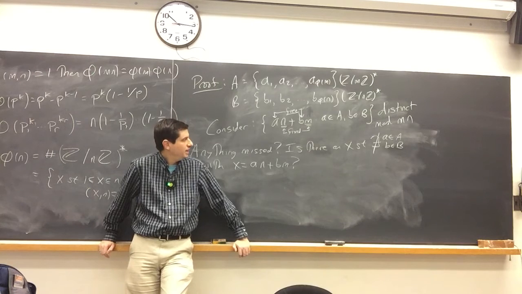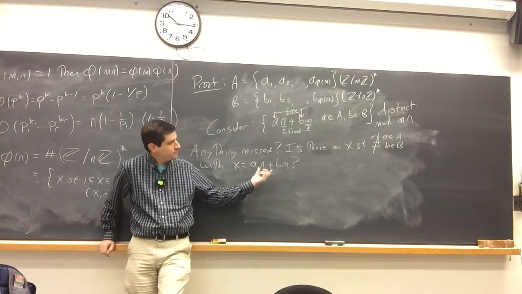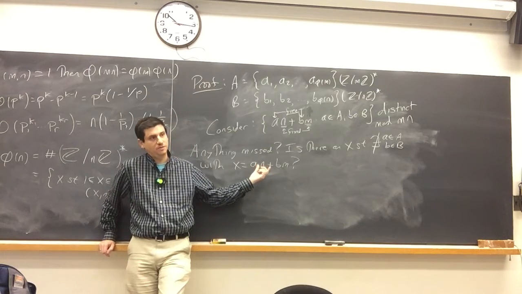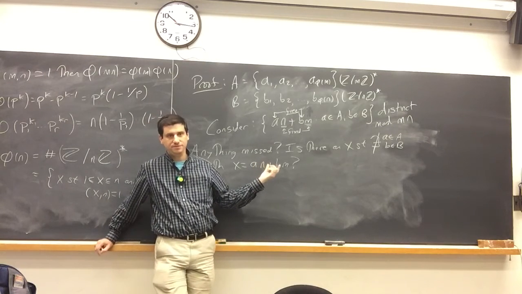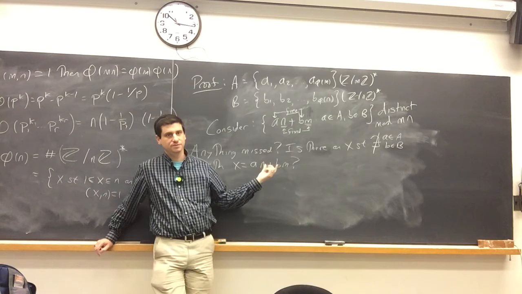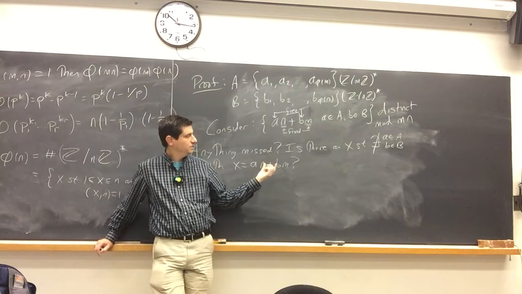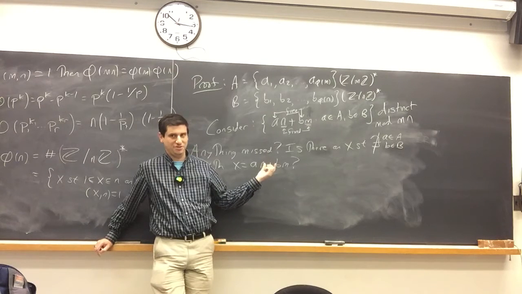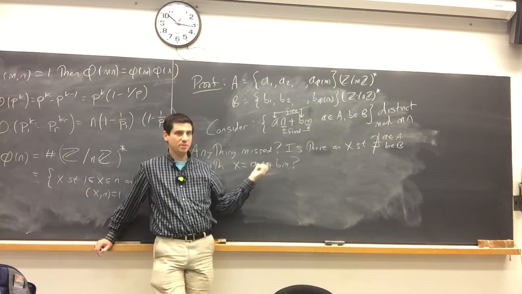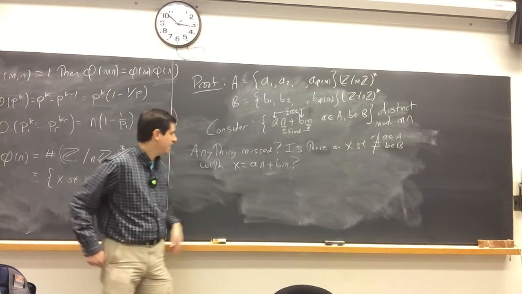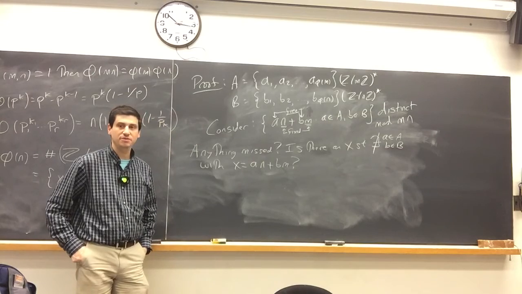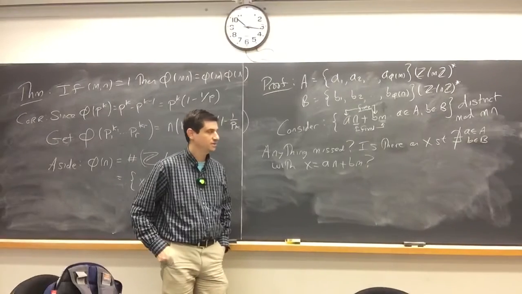Well, I'm saying, do you think that there are any x that are not of this form? And if so, what's true about such x? So there's mn numbers. Do we expect all the mn numbers are of this form? So it's not just any x. This is a very special type of x. What must be true about this x?